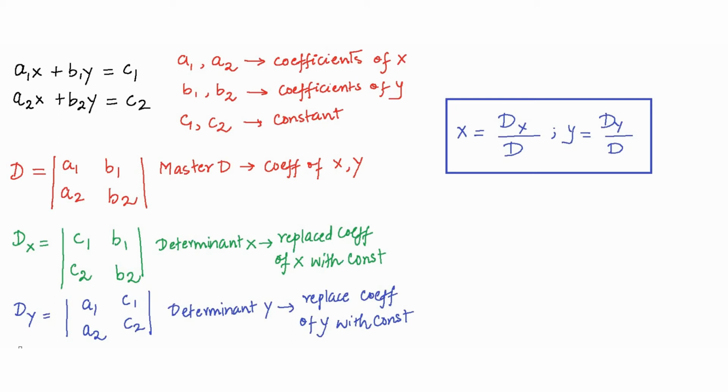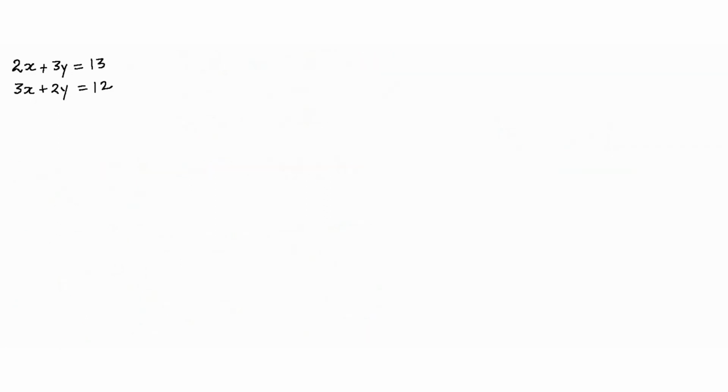Okay, let us now take some simultaneous equations and solve using Cramer's Rule. Okay, let us take a look at this particular question. Let's quickly summarize what we learned. We said that first, let me calculate the master determinant. Master determinant was basically the coefficients of x taken and coefficients of y taken, right?